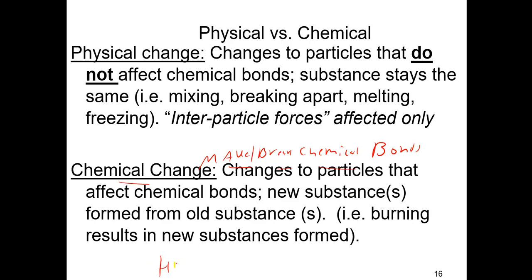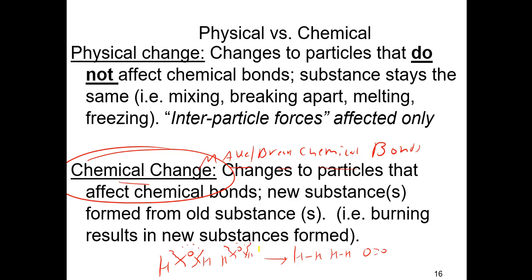For example, if I wanted to do a chemical change on this water molecule, I would have to break apart the chemical bonds. So I'm drawing squiggly lines there showing how it's being broken, and I'd have to form new ones. So, because I'm making and breaking chemical bonds, this is called a chemical change.